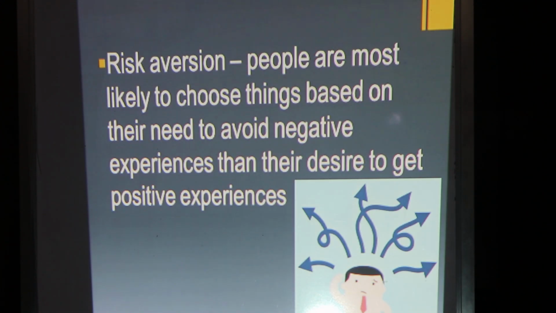Another one is risk aversion. So, this, people are most likely to choose things based on their need to avoid negative experience. Now, in financial management, there is a concept called the value of perfect information. This is under risk management. No? So, you invest some, you spend, but you get the value of good information or perfect information that will earn you income. Now, there's a story in the UK.